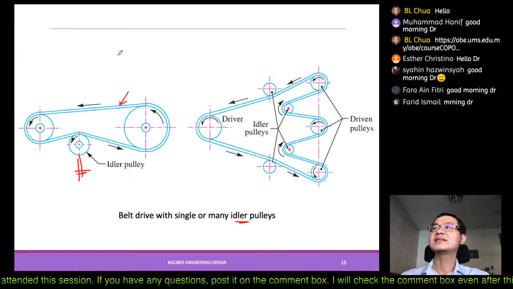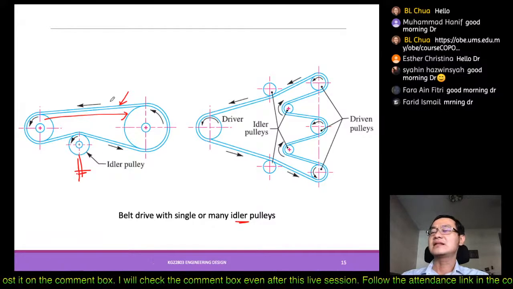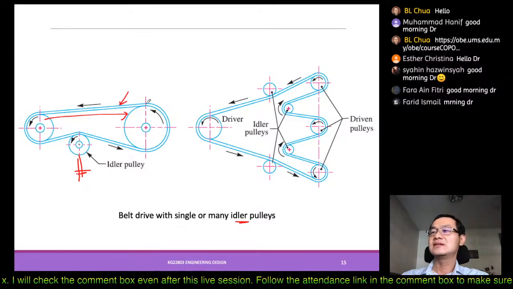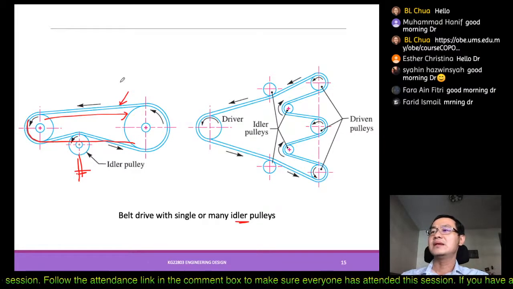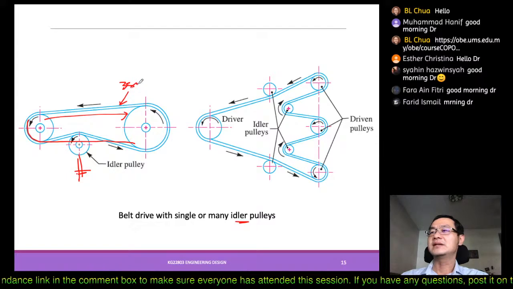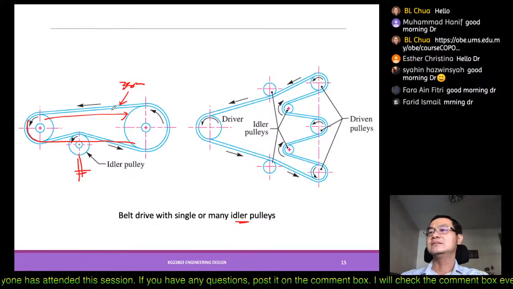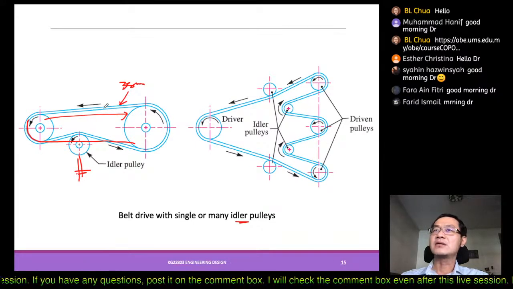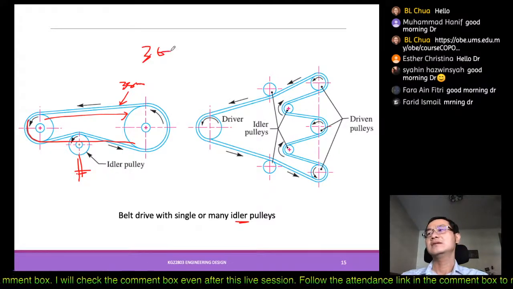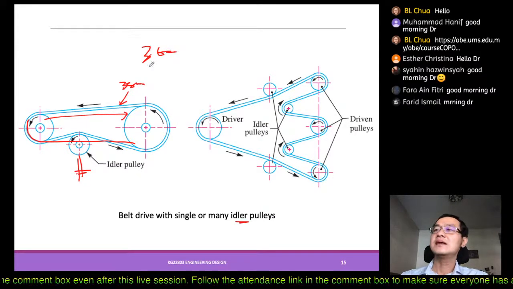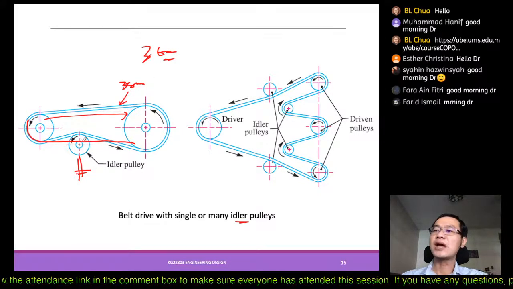Meaning to say, let's say you want this distance, and this whole circumference, when tight, is maybe 35 centimeters. But when you buy this belt, the manufacturer may only have 36 centimeters, so therefore there is an additional 1 centimeter that you have to take up through this.